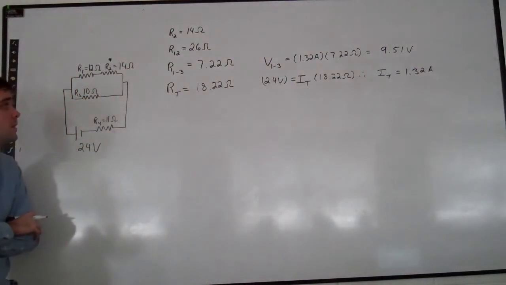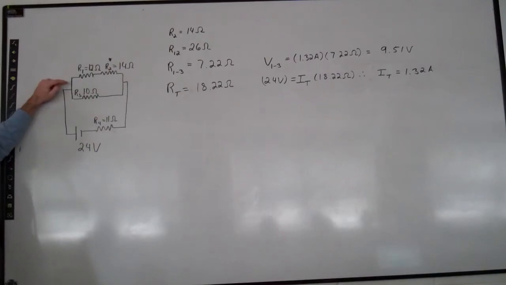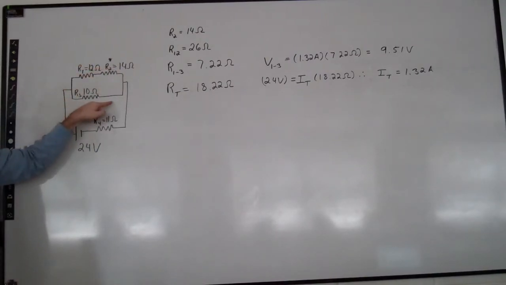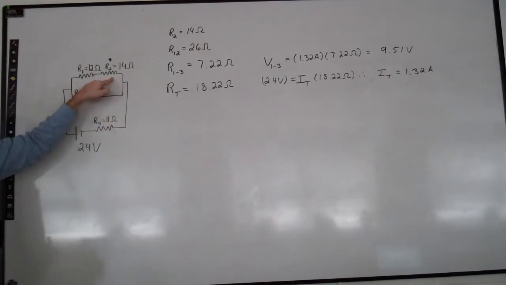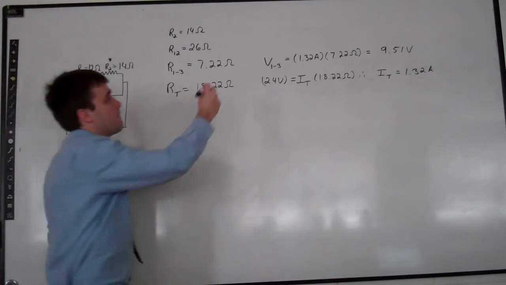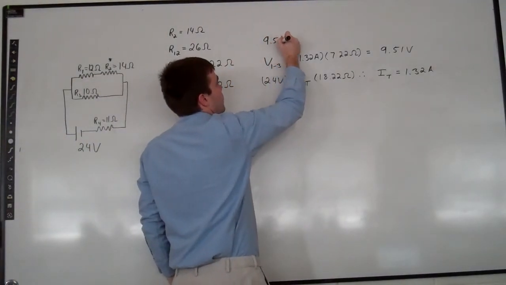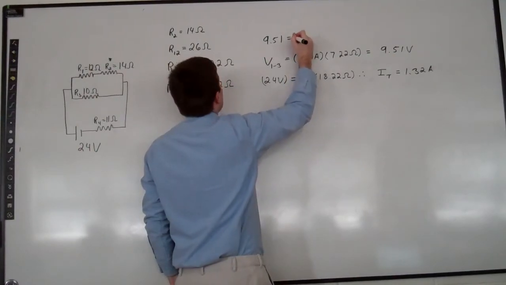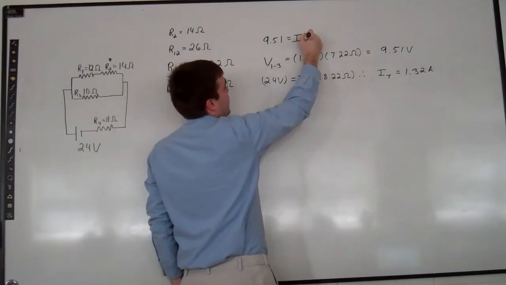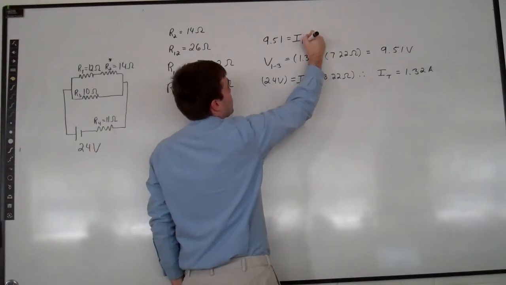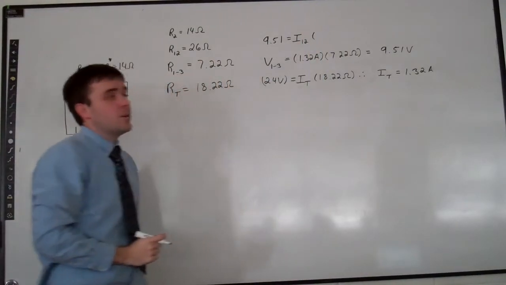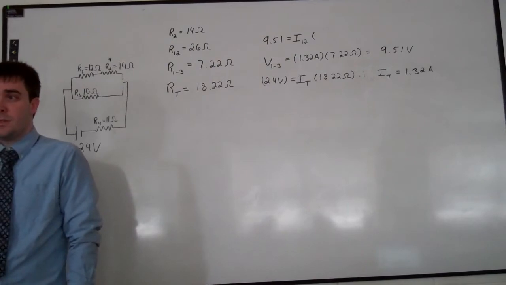So our next step, we have the voltage across both branches of this parallel circuit is 9.51 volts. So we need to find the current to the top branch where R2 is. So how are we going to do that? 9.51 equals I of 1, 2 times, what's the resistance going to be across that whole top branch? 26.